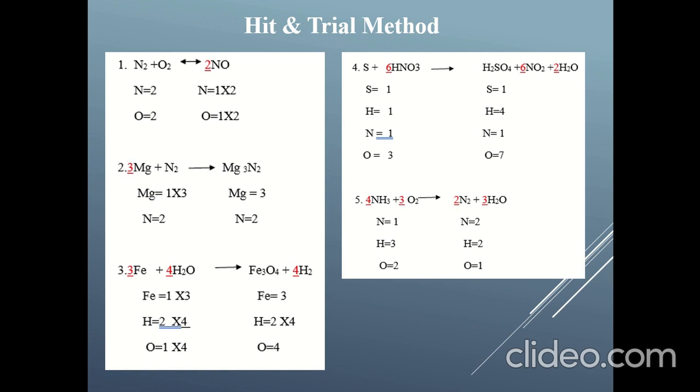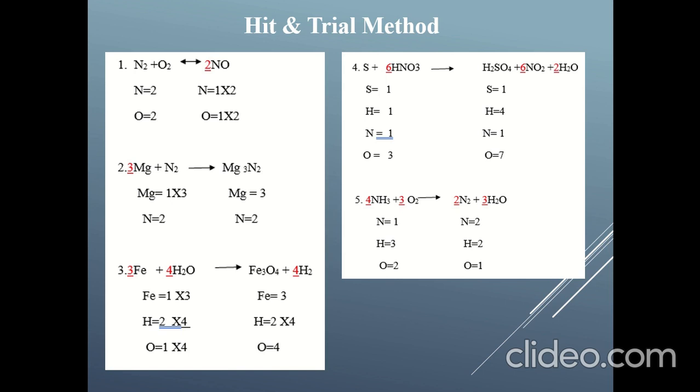Second example, where magnesium reacts with nitrogen to form magnesium nitride. In the first case, magnesium on the reactant side is 1 and that of nitrogen is 2, while on the product side, Mg is 3 and nitrogen 2. To balance the equation, the number of atoms of magnesium is not equal.